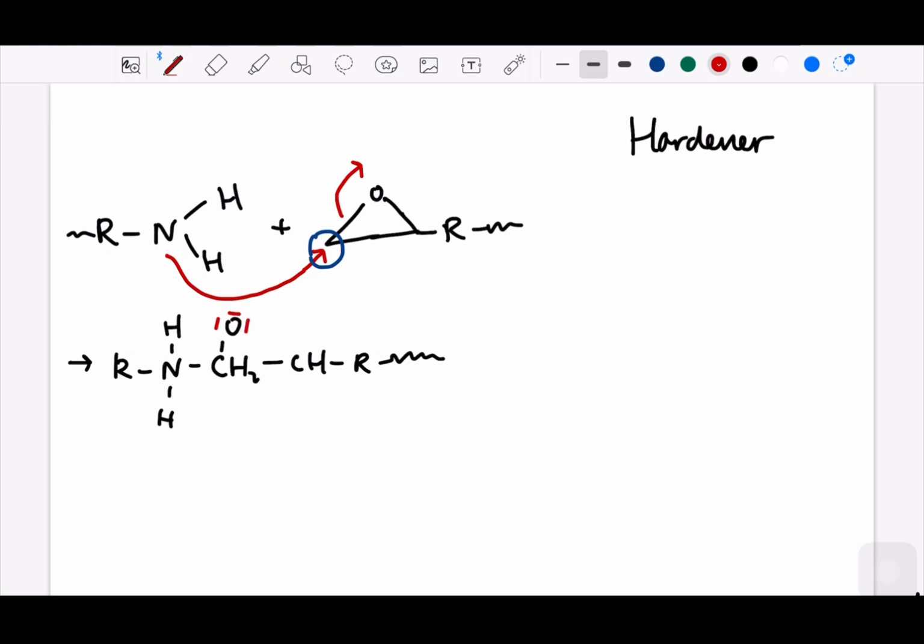And since the oxygen is not stable, it has a lot of localized electrons, it will contact this hydrogen and then it will be removed.